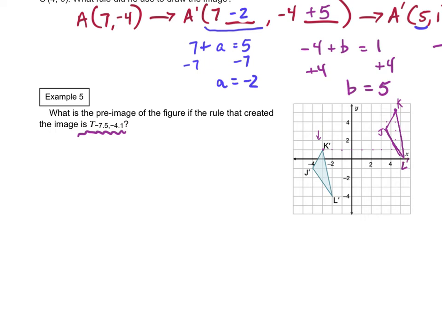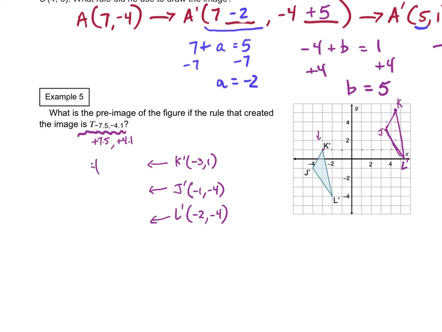I'm estimating, but I could say that K prime is (-3, 1), J prime is (-1, -4), and L prime is (-2, -4). And I want to go backwards, which means I need to reverse. Instead of having -7.5, I need to add 7.5. Instead of subtracting 4.1, I need to add 4.1 because I'm going backwards.